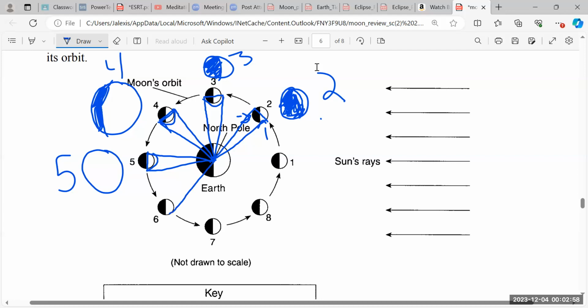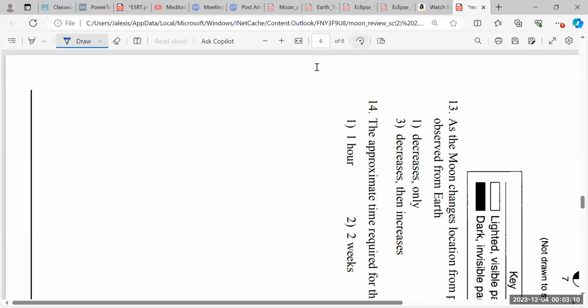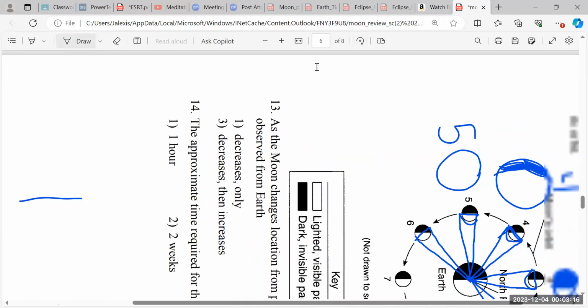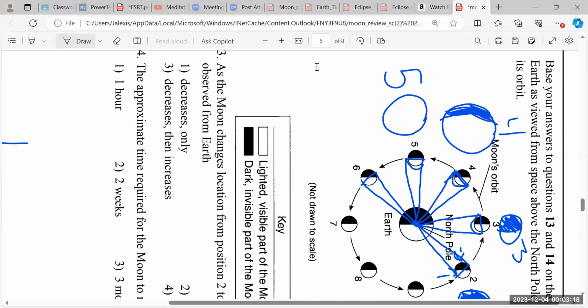Draw a line straight and then cut off. But remember, before I can evaluate, I do have to turn my paper because position 6 is at the bottom. So let me turn my paper here. All right.